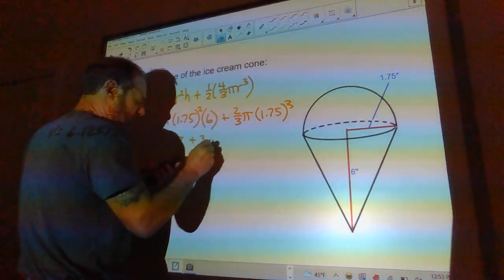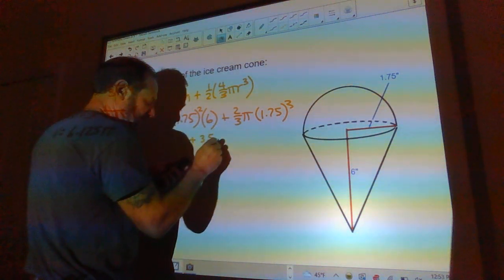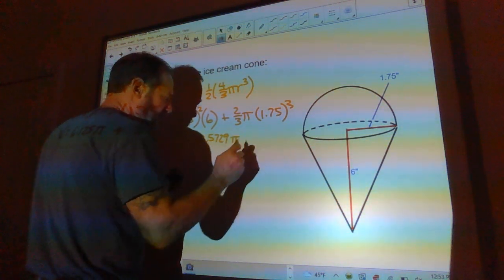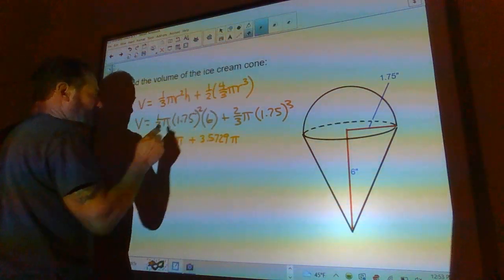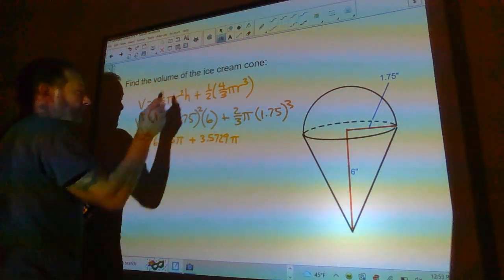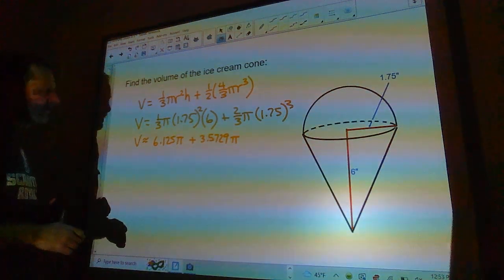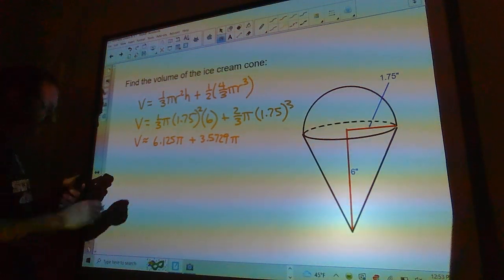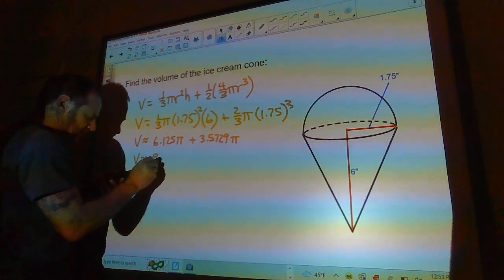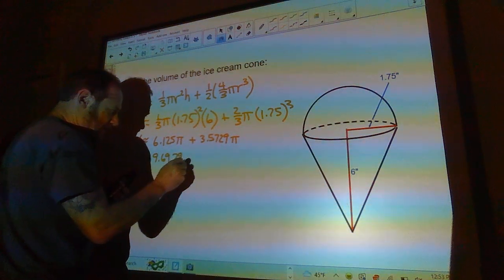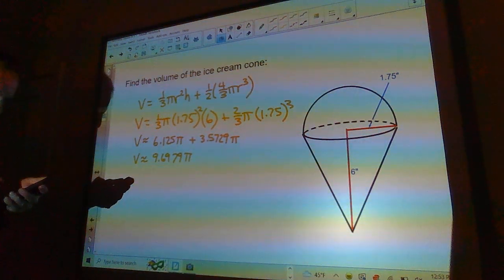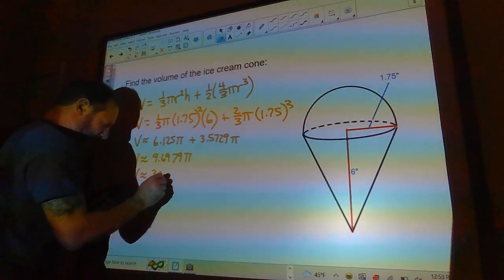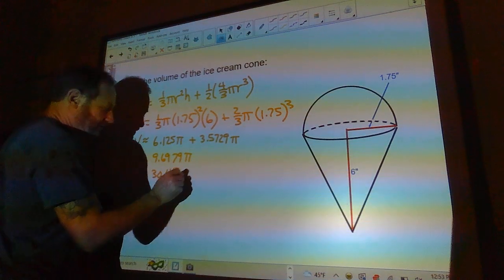This is going to be 3.5729 pi. Okay, this is going to end up being approximate. Okay, so I can add that to 6.125. Volume's approximately 9.6979 pi times 3.14. Volume is approximately 30.45 cubic inches.